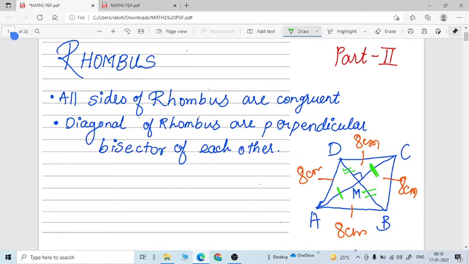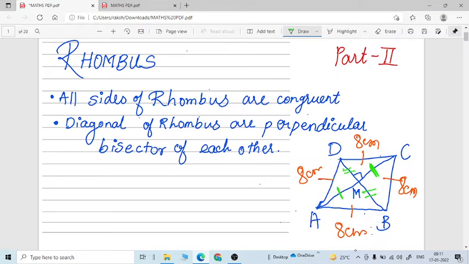These two full diagonals are not the same, but the halves of the diagonal, from here to here, are the same. And AM to MC is the same. The diagonals are perpendicular bisectors of each other.